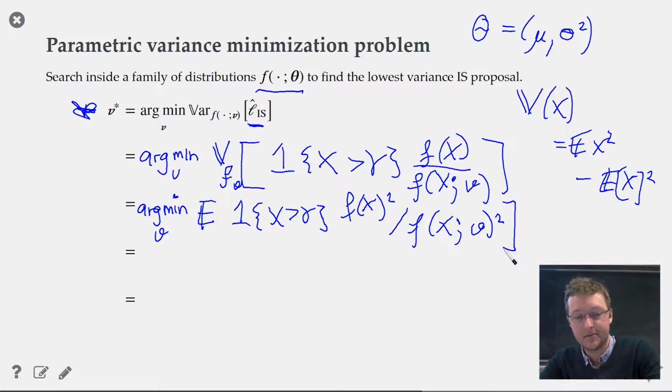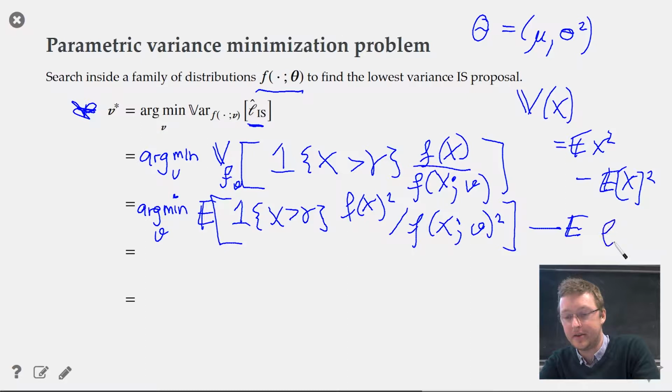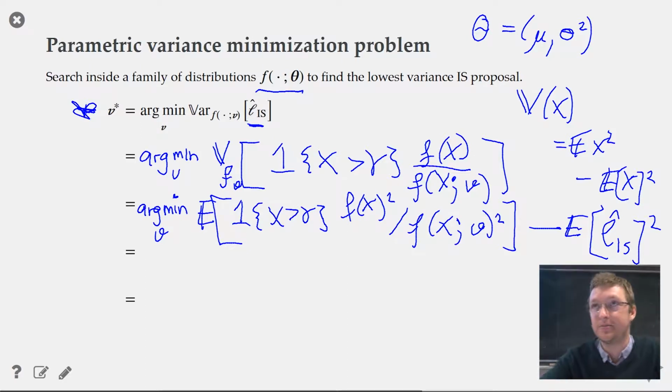And then subtract away the expected value of, instead of writing it in long form, I'll just write over here the IS estimator, the expected value of that squared, because that's what we're actually dealing with. Because this thing is a Monte Carlo estimator, it's unbiased, we know its mean, it's the thing we're trying to estimate.